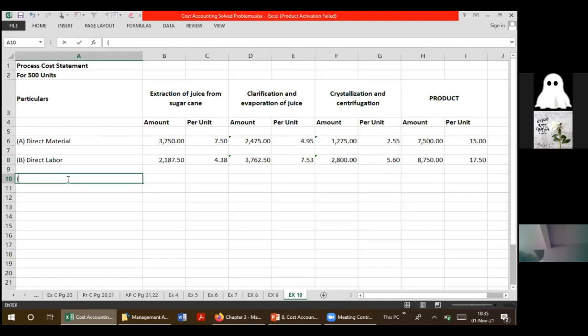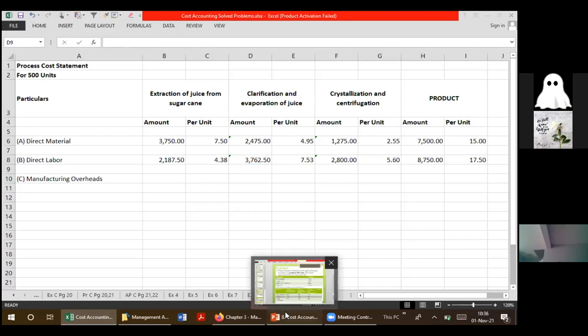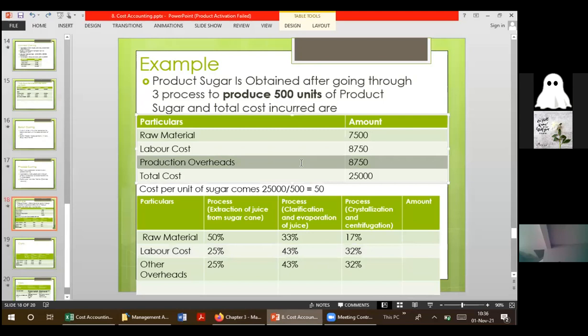So we move to manufacturing overheads now. Here it says production overhead, but that's the same thing.